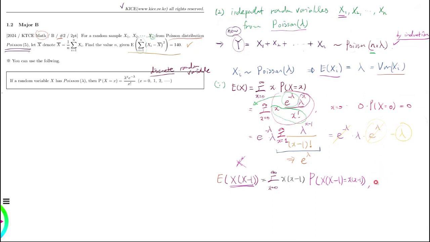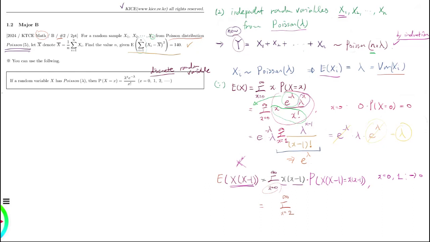And by the same way, when either x equals 0 or 1, their multiplication is 0, so I can safely change its starting point from 0 to 2 here.